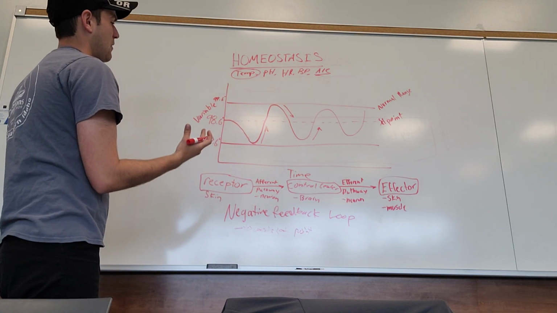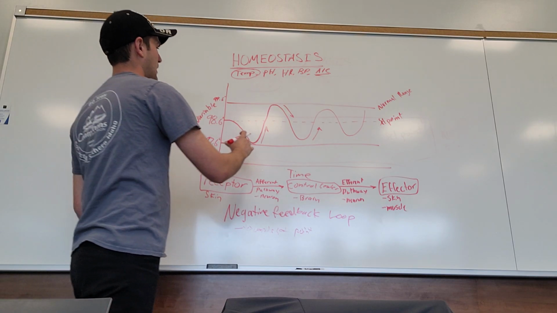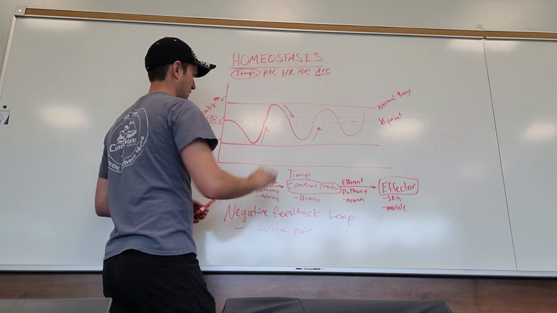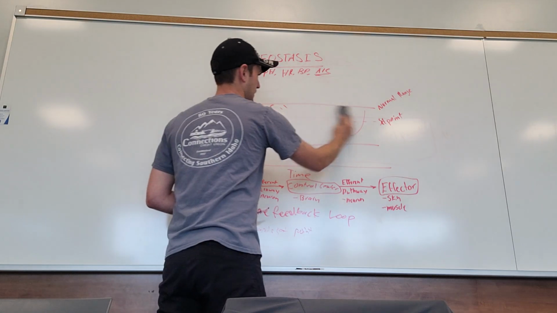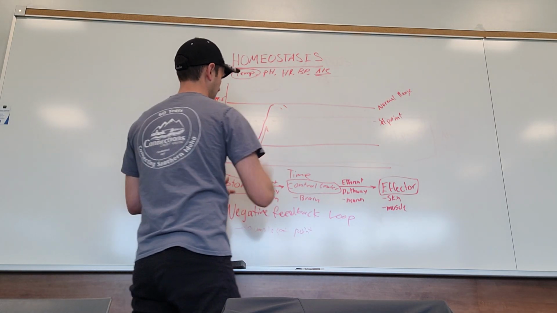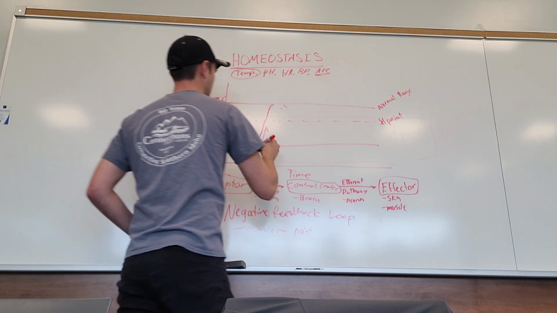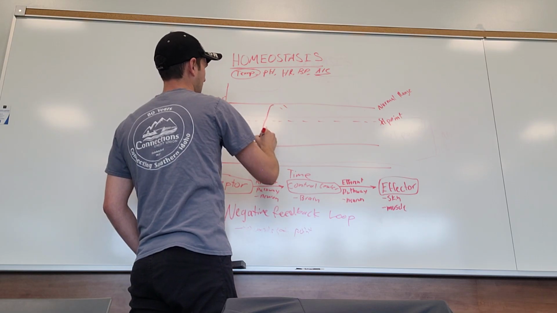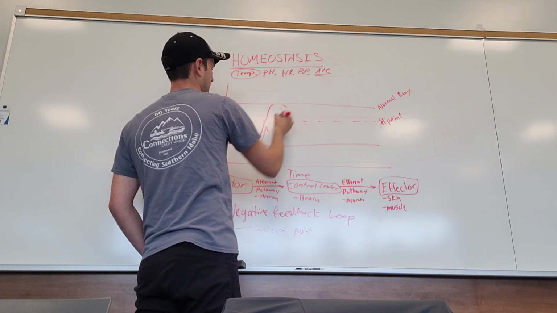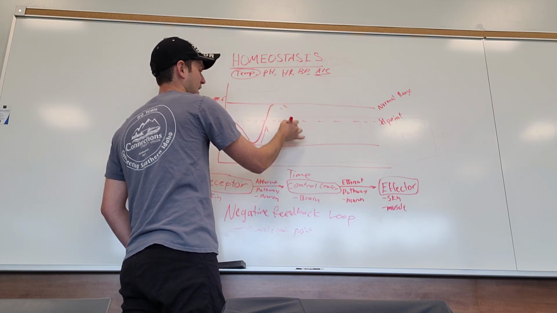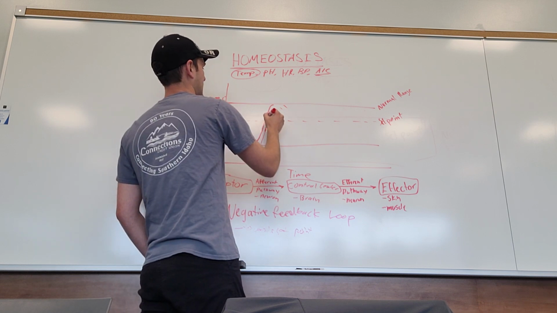But what would it be called if our body, we're going to erase all this. So we still have our set point here. What if our body, rather than right here, or say, let's just go right here. What if instead of taking it back towards set point, it just kept going?